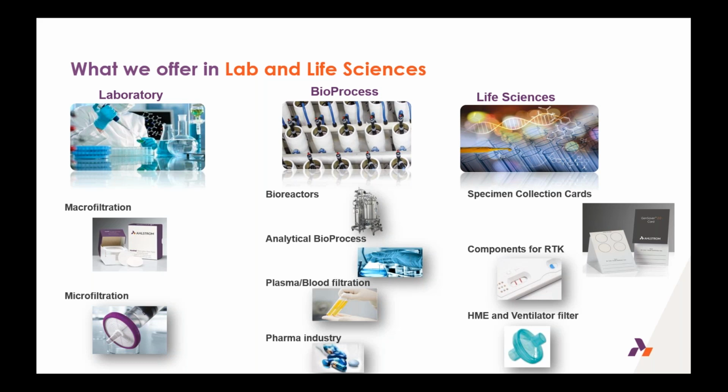Second is bioprocess, with materials used in the bioreactor or in the plasma fractionation process, for example. And finally, more used in diagnostics and care, we have the materials for life science applications. Today, the focus will be on the fiber-based components used for rapid test kits, what we call RTK.